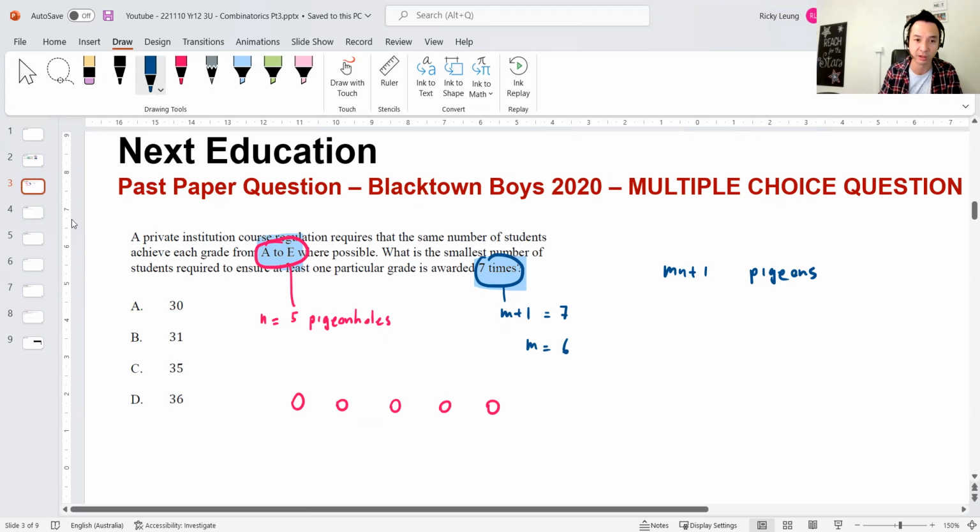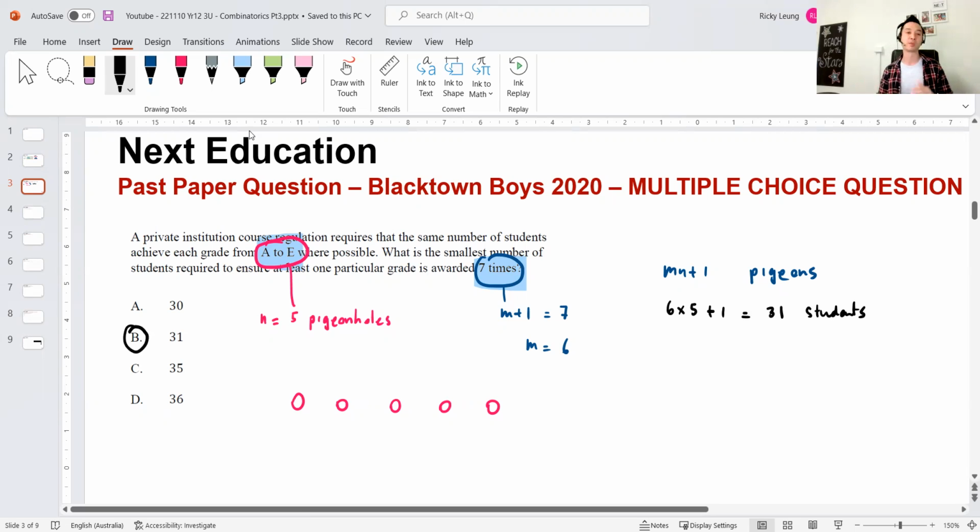If I've got m and I've got n, then quite simply it's 6 times 5, that's the layers. So 6 students per 5 pigeonholes, and then 1 extra will get me to say that at least one of those holes has 7. So what's that? 31 students. The answer is B.